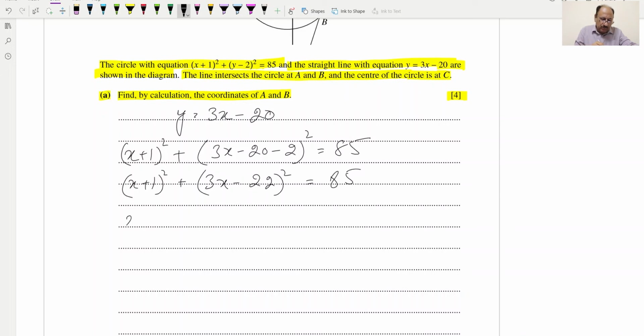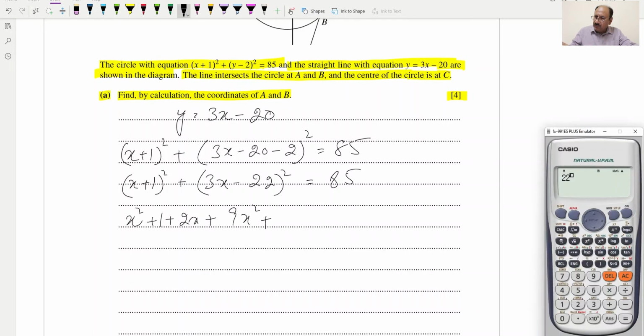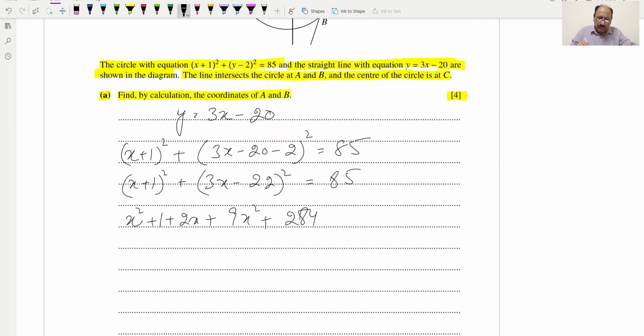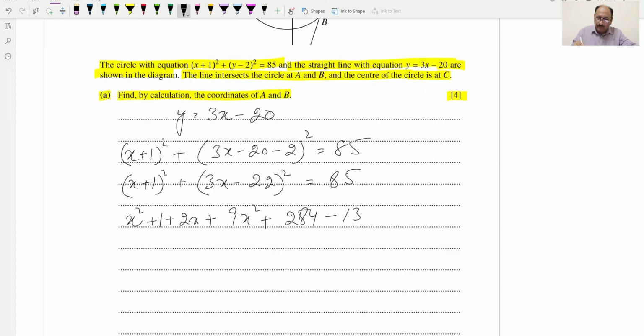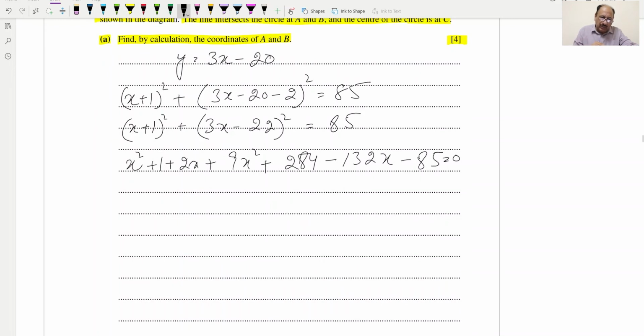Now we can open the squares, so it will be x squared plus 1 plus 2x plus 9x squared plus 22 squared, which will be equal to 284, and minus 2 into 3 is 6, 6 into 22 will be 132, so 132x, minus 85 is equal to 0. Further, we can add the like terms.